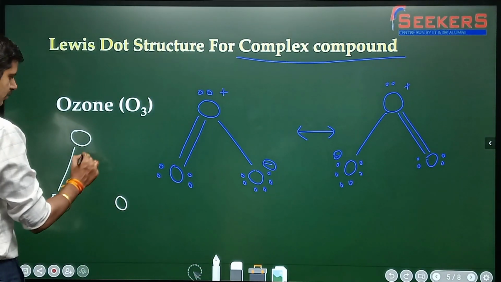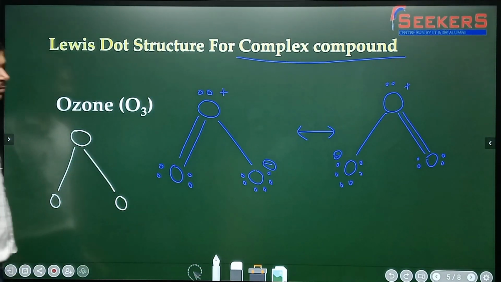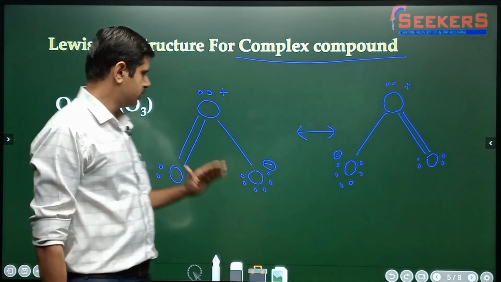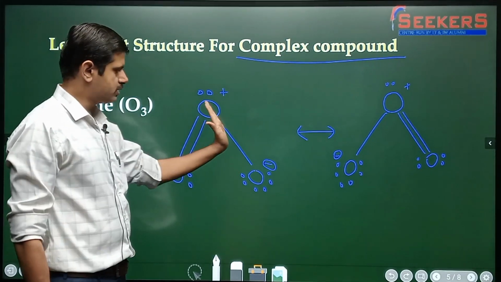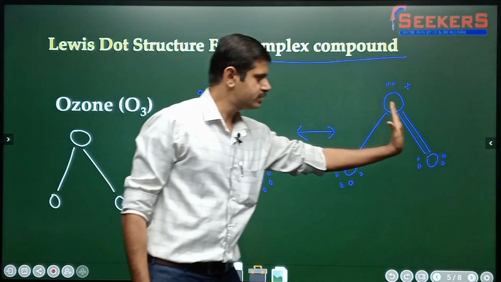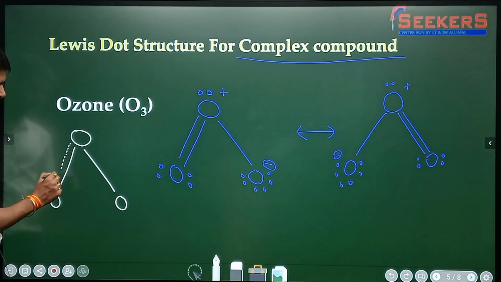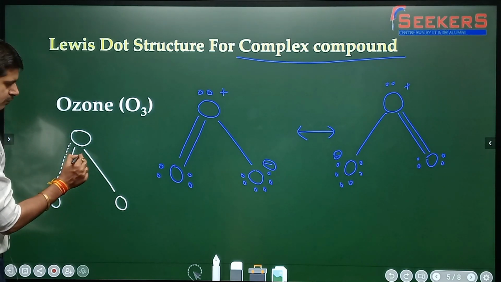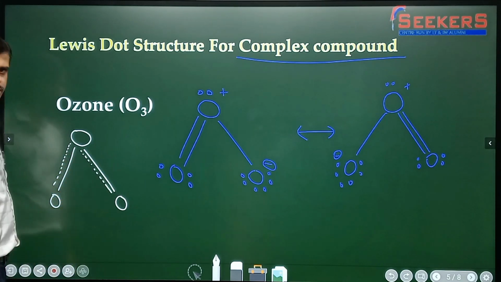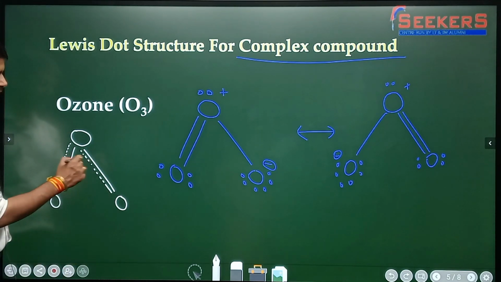There is a single bond, there is a single bond. Now what is not common? This double bond over here can come here in another structure. So I will give a partial half bond to this one, a partial half bond to this one. Is it clear?